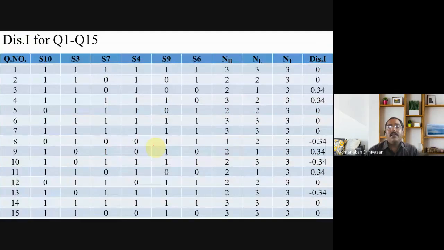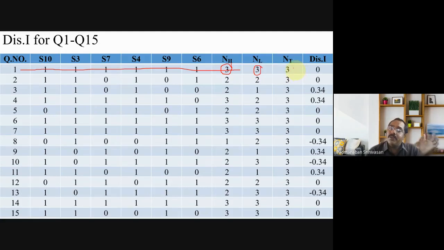Now we have calculated question-wise discrimination. This is question number 1. Here NH, the number of students answering correctly in the high group, is 3, and NL, the number in the low group, is also 3.